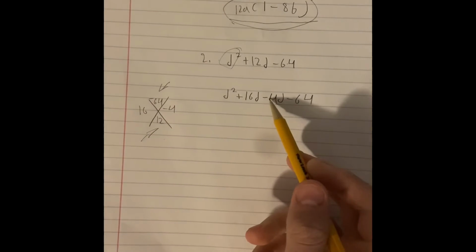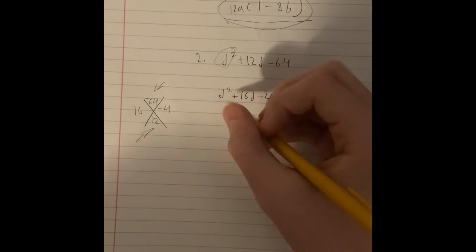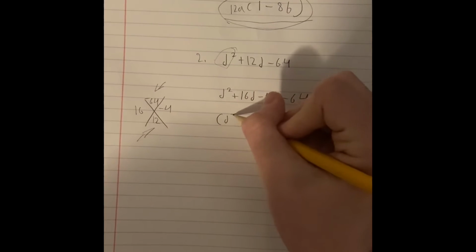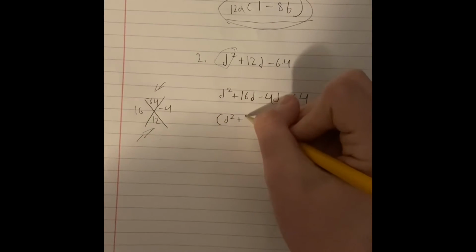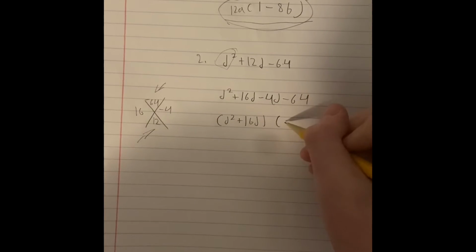I put those in there, and now we're going to start factoring. I'm going to take d to the second and 16d. I'm going to take negative 4d, and I'm going to take negative 64.